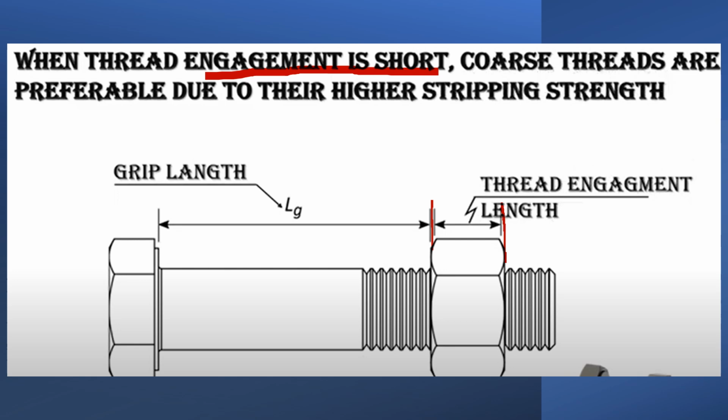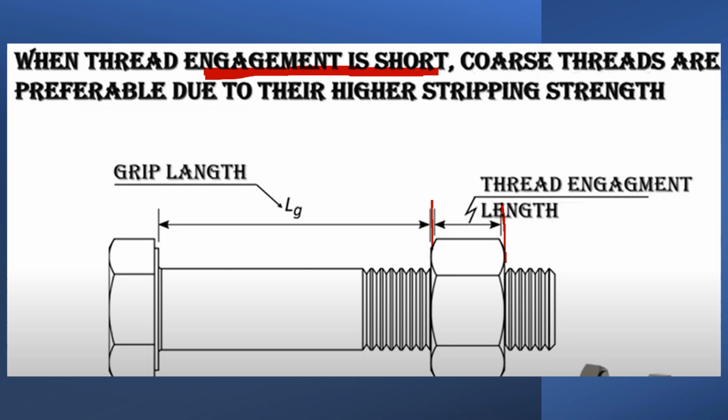If fewer threads are bearing all the load, then we can say this thread engagement is short. If more threads are engaged for the load bearing capacity, then we can say the engagement area is higher.